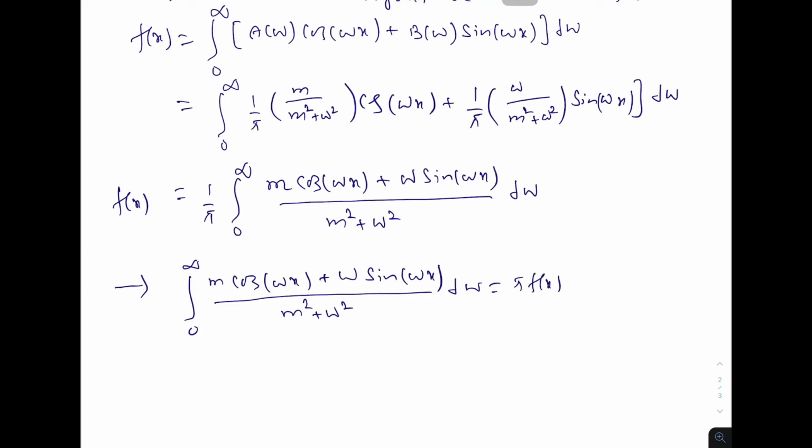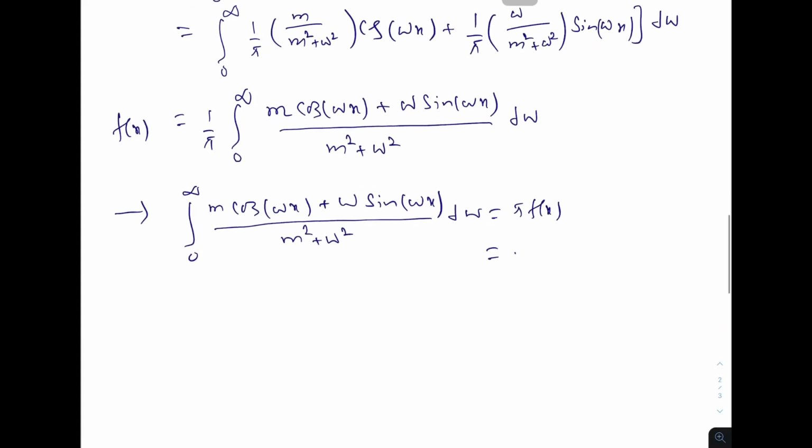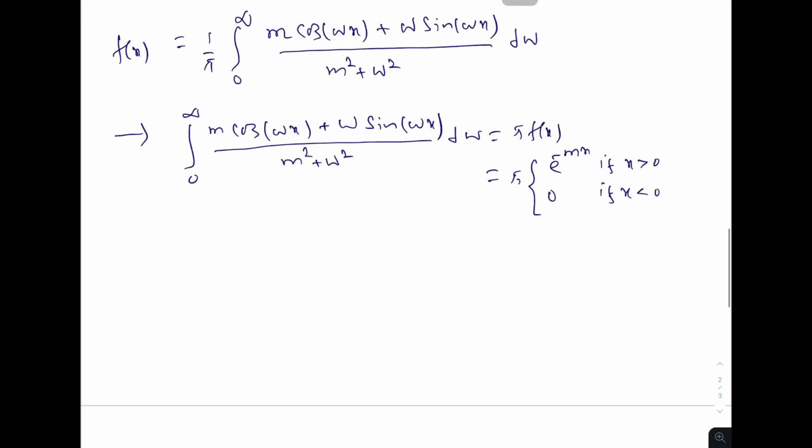So this is pi into f(x), now f(x) is e power minus mx if x greater than 0, 0 if x less than 0.